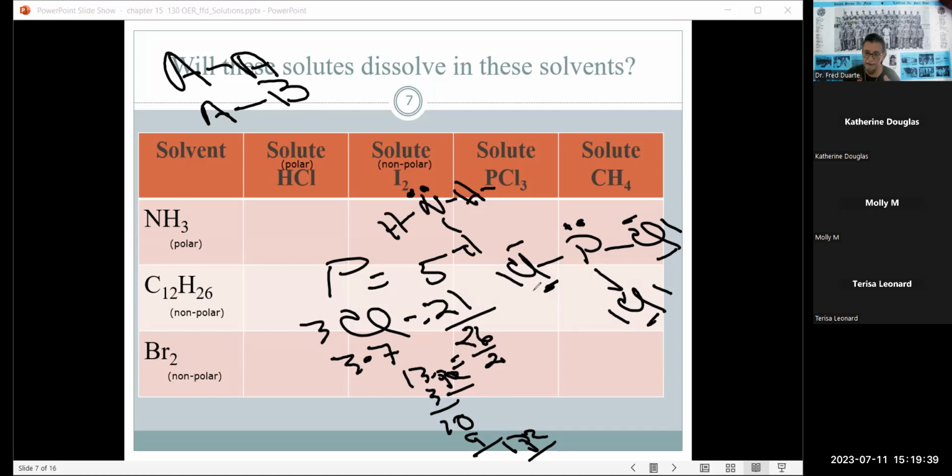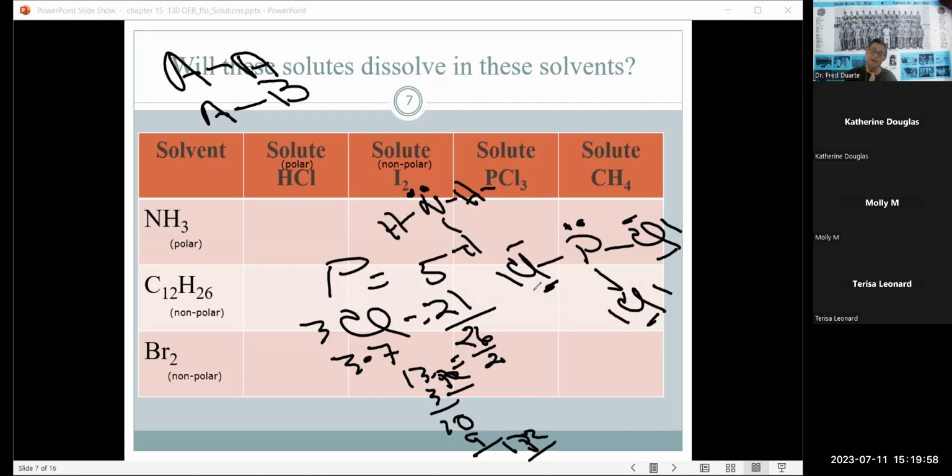Exactly, AB. So you have phosphorus and chlorine. What does that tell you about the polarity of the bond between phosphorus and chlorine? The fact that they're different means it's polar, exactly. Furthermore, you have 2 more, so you have 3 polar bonds.